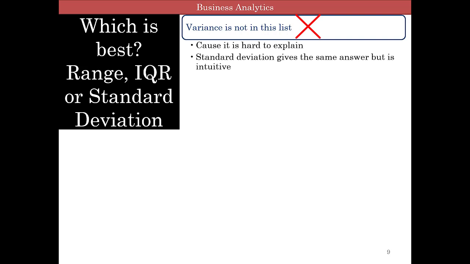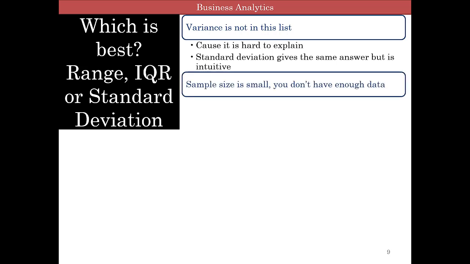And that's because standard deviation pretty much gives the same answer as variance. It's just the square root of variance. And variance is hard to explain. It makes sense sometimes to use variance in the calculations because you can add the variances up to get a pooled variance. We'll talk about that much later. But standard deviation gives you a better answer which you can explain to people.